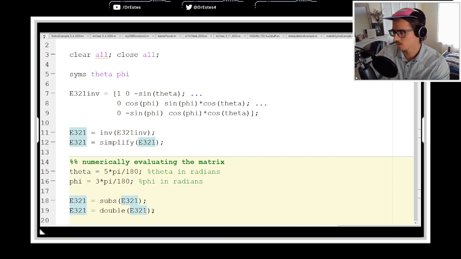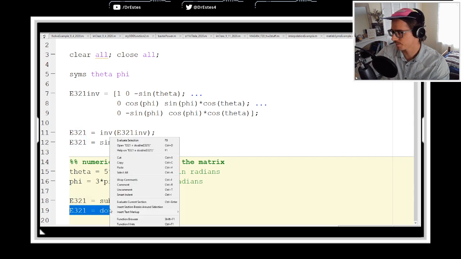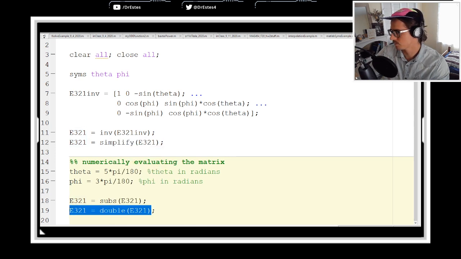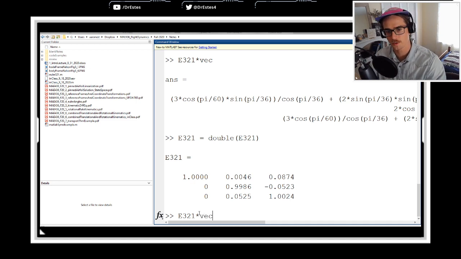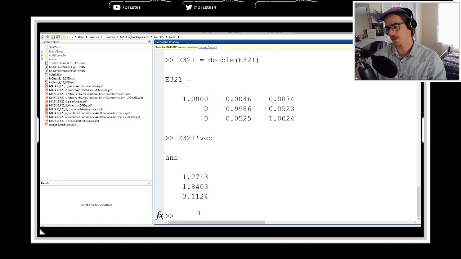Okay. So let's evaluate this. So now E321 is a matrix with just the good old numbers that we're used to. And so if I take that vector that I made earlier and multiply with this, boom, I get back this. And then I can do your typical Matlab style calculations.